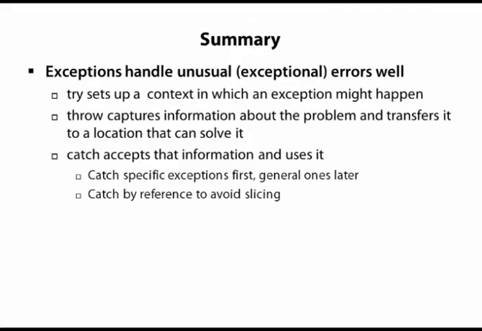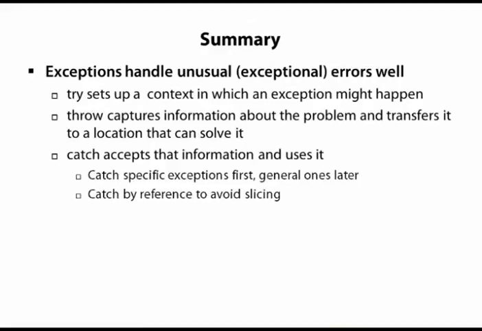The catch blocks associated with your try are kind of offered the exception in turn. So there might be a catch for ints, a catch for strings, a catch for invalid argument, a catch for out of range, and so on. You can also take advantage of polymorphism by catching an instance of a base class that will match any derived class.